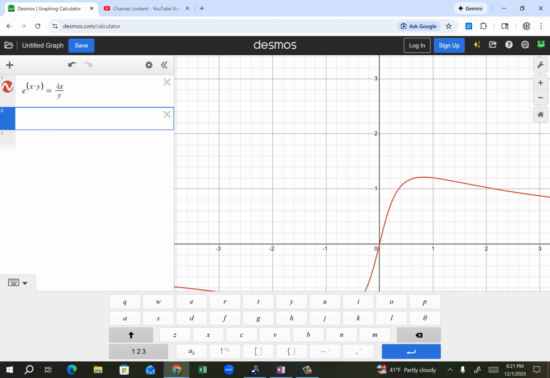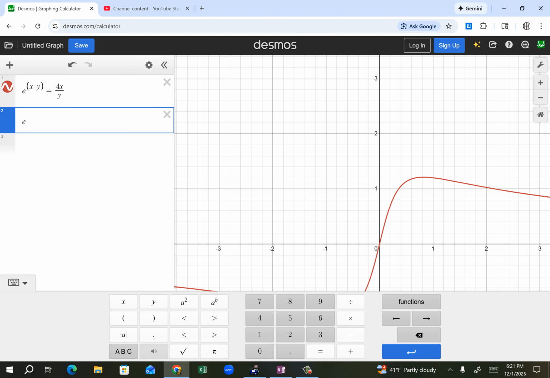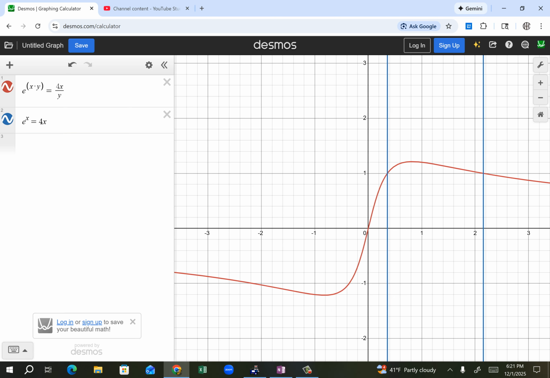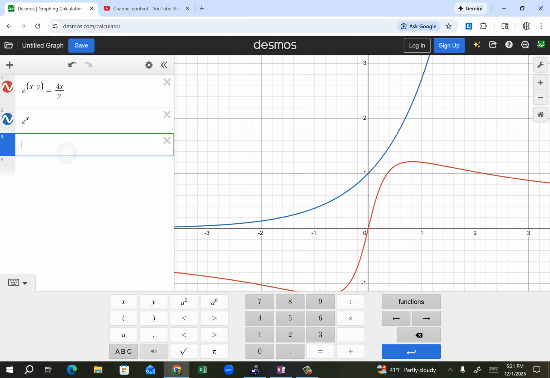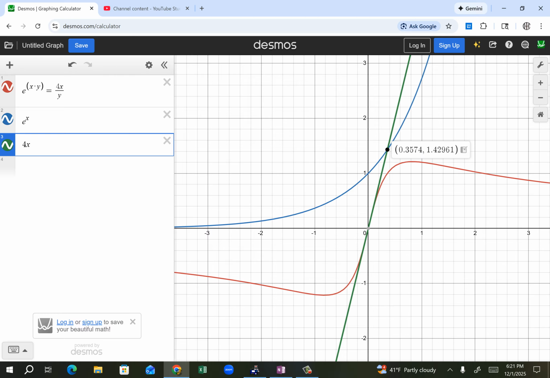So e to the x, all right, e to, oh, what in the hell? Yeah. So when you do that, you're going to get, they cross one another at the point 1.42 roughly.